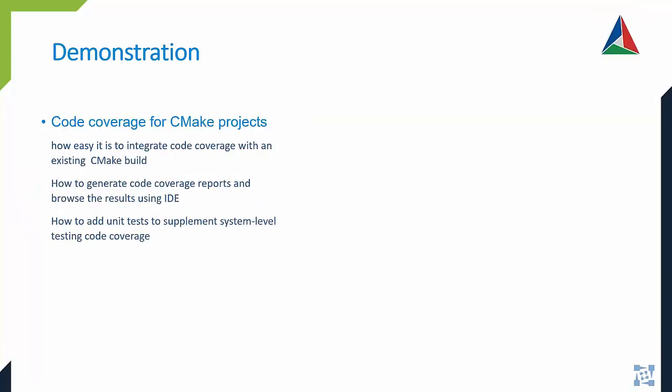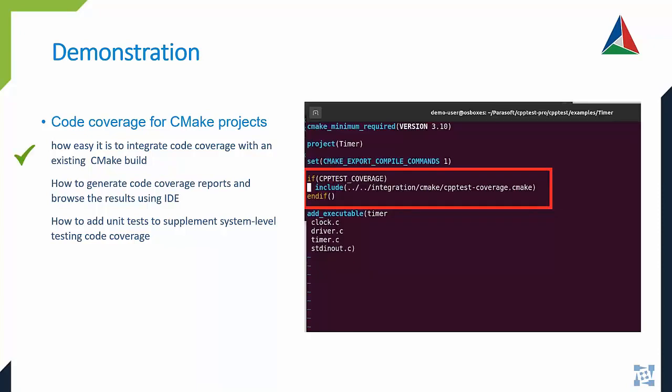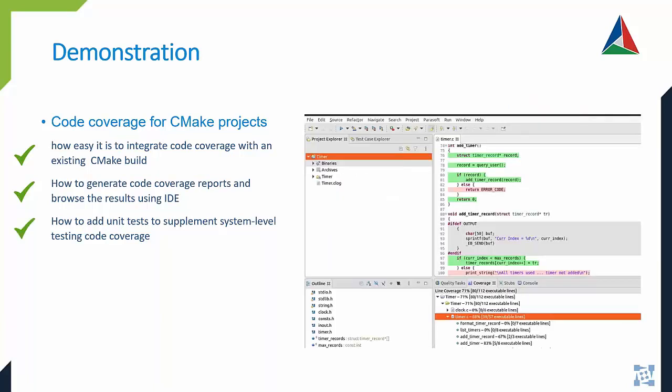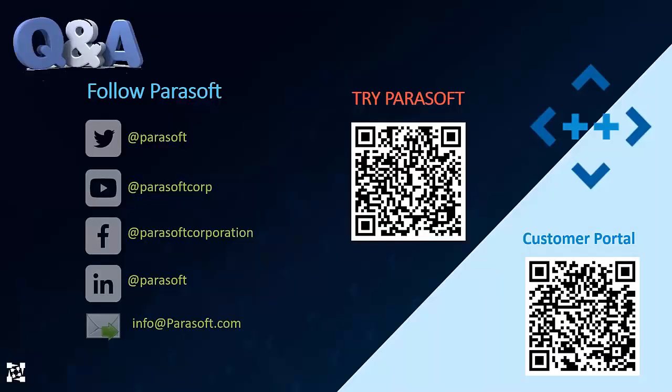For the code coverage extension for CMake, we've seen how easy it is to integrate code coverage with an existing CMake build, how to generate code coverage reports and browse the results in the IDE, and how to add unit tests to supplement system-level testing code coverage. And with this, Ricardo, back to you.